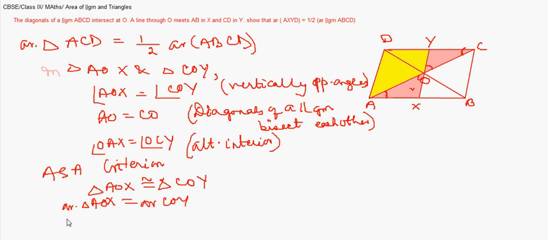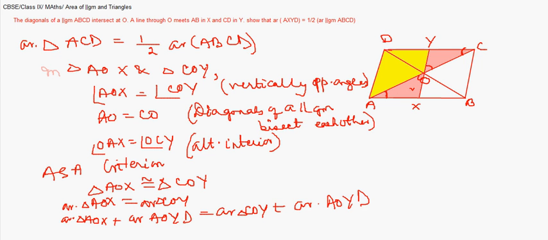We get area of triangle AOX plus area of AOYD, and on the other side it is area of triangle COY plus area of AOYD. Area of AOX plus this gives us AXYD.